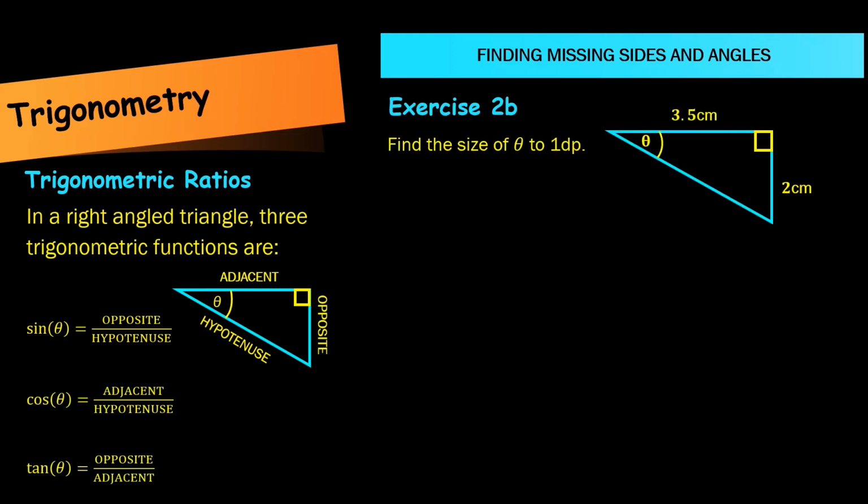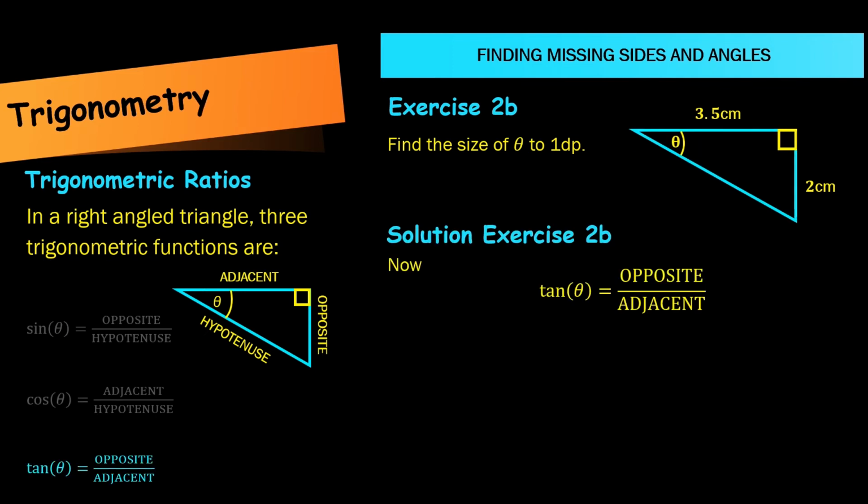And now for exercise 2b. Find the size of angle theta to 1 decimal place. This time we have the opposite, which is 2 centimeters long, and the adjacent, which is 3.5 centimeters. And so when we solve, we need to use the formula tan theta equals opposite over adjacent.